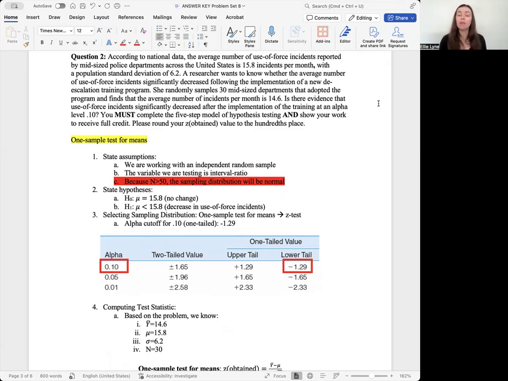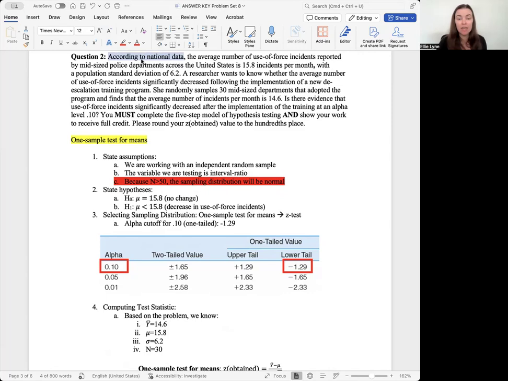So again, just like we did for question number 1, we need to determine what type of test we are conducting here. Right off the bat, we have a similar situation to what we saw in question number 1. We're tipped off that we are using national data here. So that should tell us that we are comparing one group to a very large population, in this case, national data.